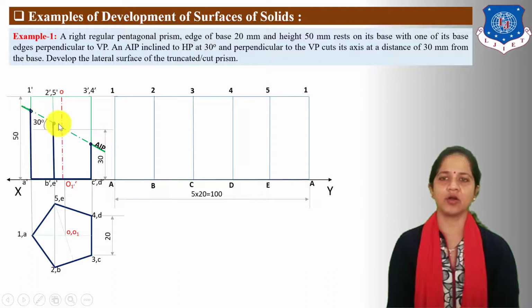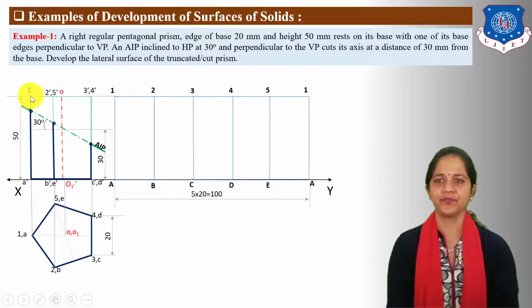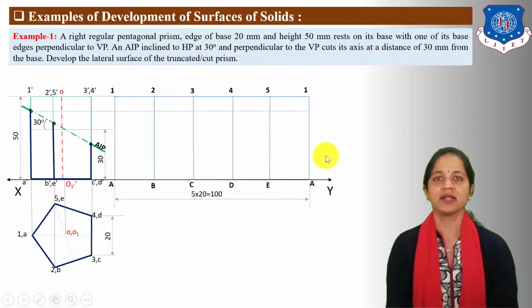Next transfer all these cutting points in development on particular vertical edges. First transfer the 1'a' cutting points horizontally in development and mark the cutting points on the 1A longer edge.